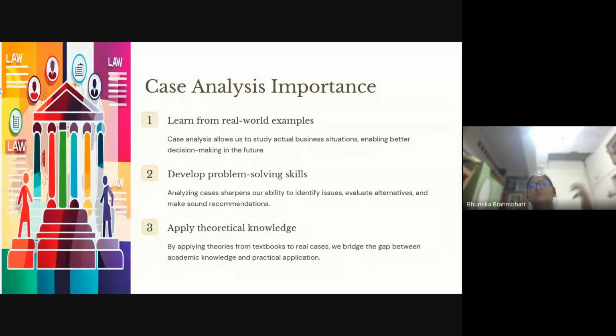Okay, so this is the basic importance that should be known to you all. You should learn from the given situation of the particular case with the respected citation or the year, whichever you have. And then you have to have problem as well as solution skill.